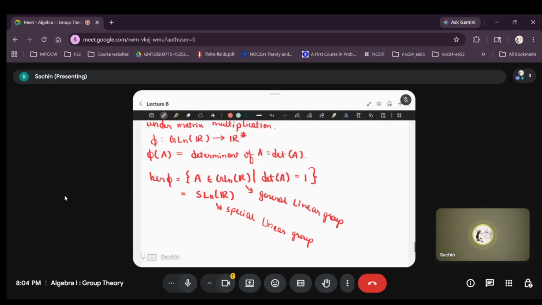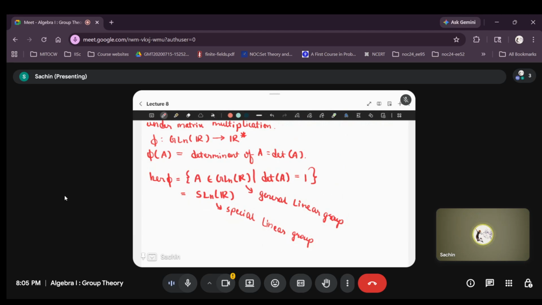I am not sure if we showed that SL_n(R) is a subgroup of GL_n(R), but this is one way to show it. So we have a homomorphism phi from GL_n(R) to R star, and the kernel of phi is SL_n(R). We know that the kernel is a subgroup for every homomorphism phi.